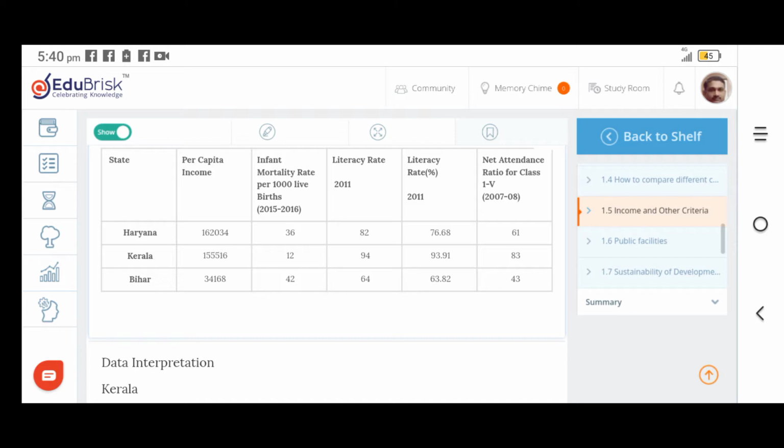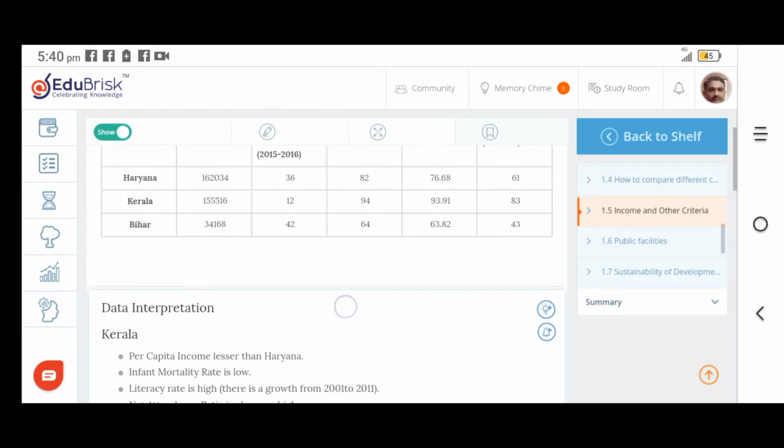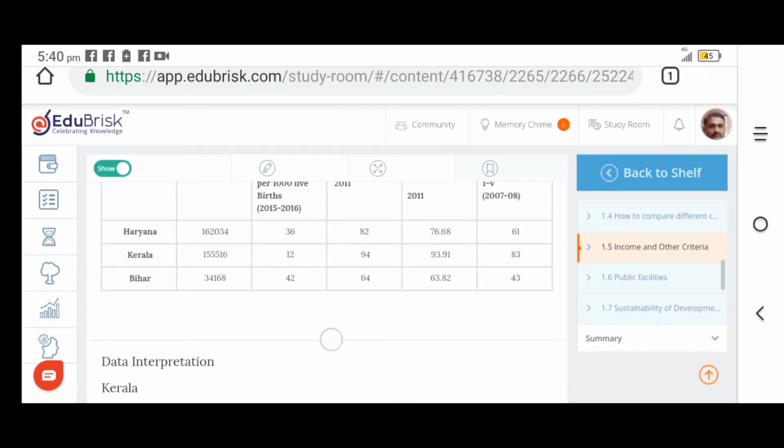Then Bihar 63.82. Net attendance ratio: Kerala 83, Haryana 61, Bihar 43. So from this data you can understand certain things.